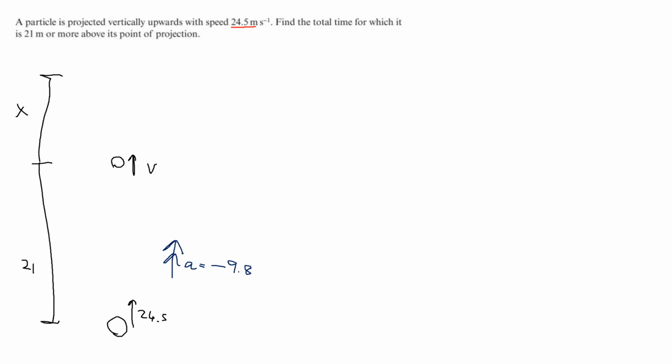Okay? So, what we can do is work out first and foremost the final velocity. V squared equals u squared plus 2as, which is equal to 24.5 squared plus 2 times 9.8 times 21.